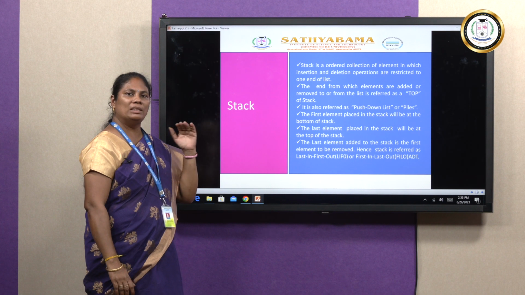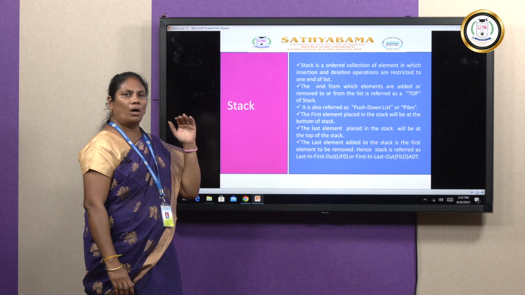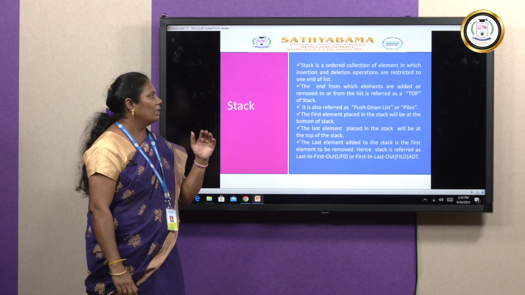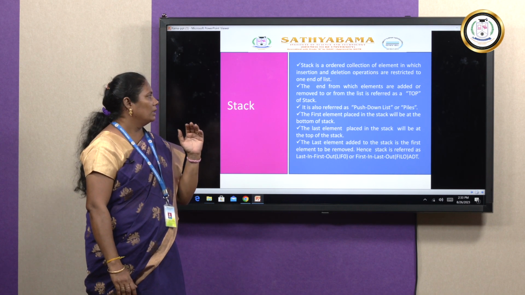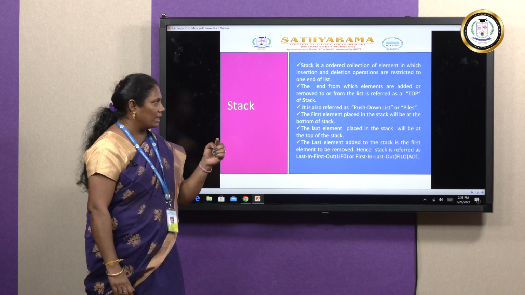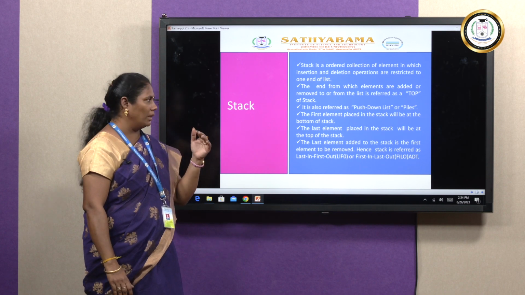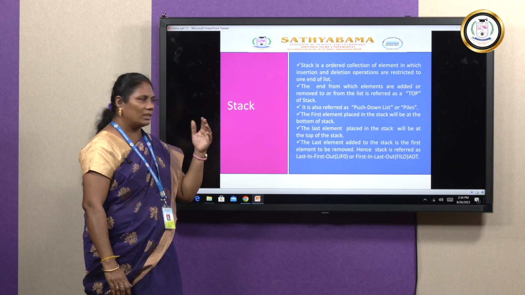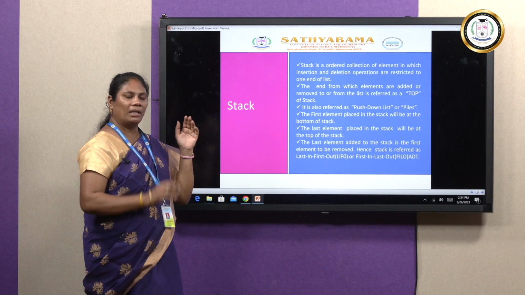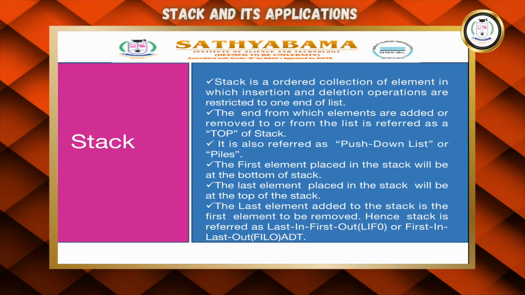Inserting or deleting an element at the top of the stack is referred to as a push down list. The first element placed in the stack will be at the bottom of the stack, and the last element placed in the stack will be at the top of the stack.